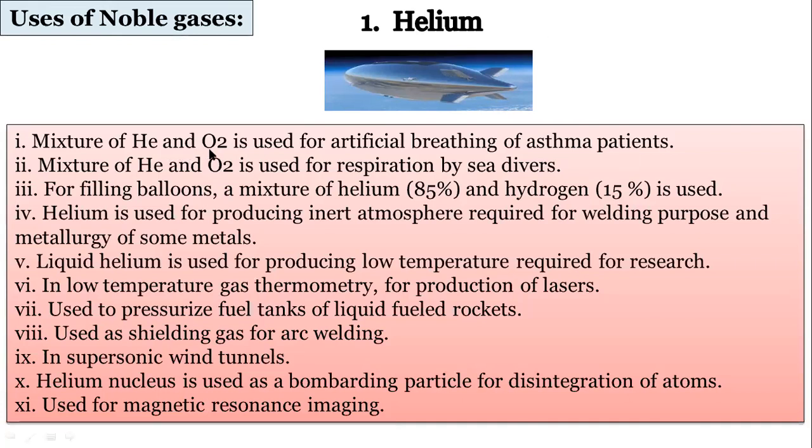This mixture of helium and oxygen is used for artificial breathing. Remember, nowadays in the COVID situation, the mixture of He and O2 is used for those patients having breathing problems, and for asthma patients also, this cylinder is used. The cylinder is mixed with helium and oxygen.